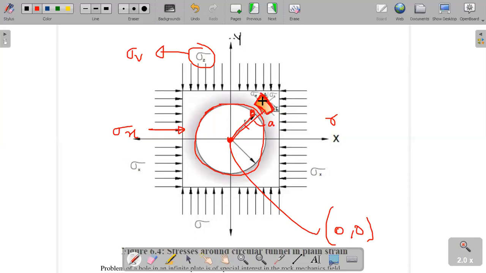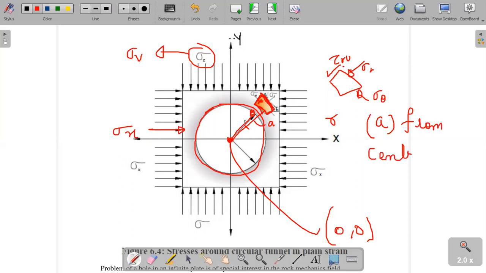We will also calculate this: radial stress, tangential stress and tau on any distance A from the center of opening. And R is the radius of opening.